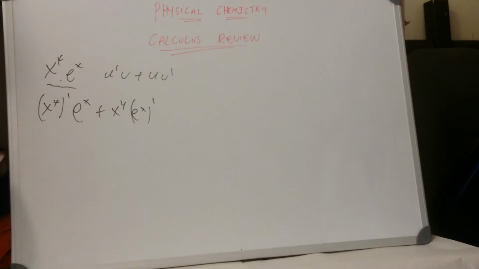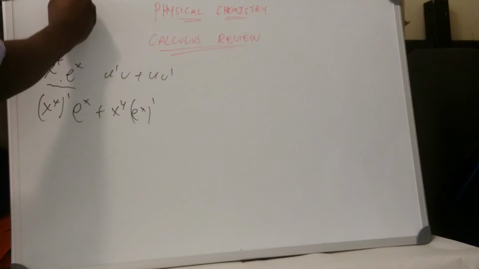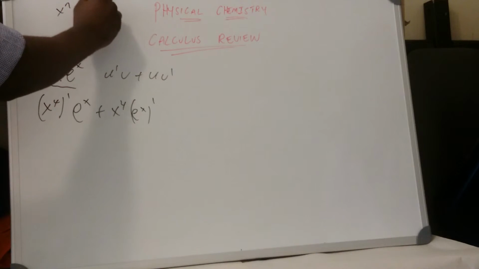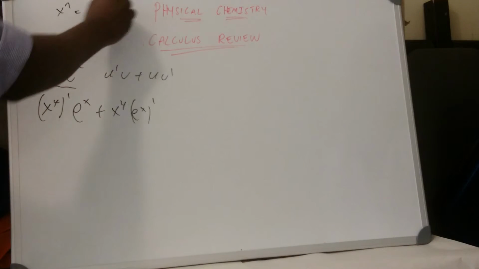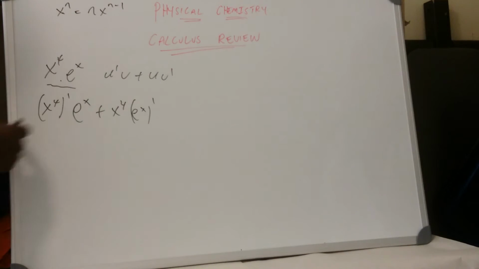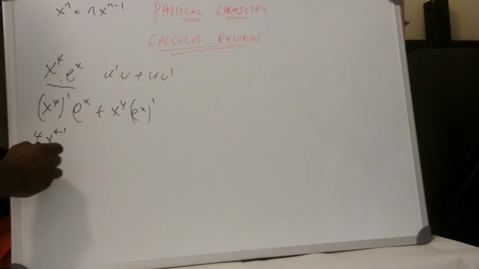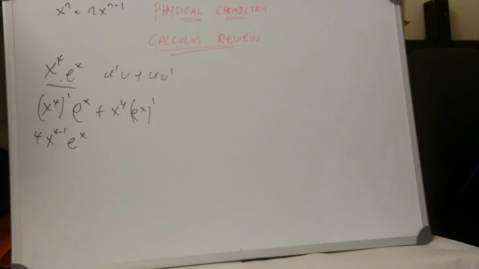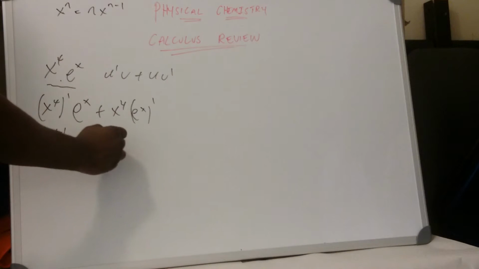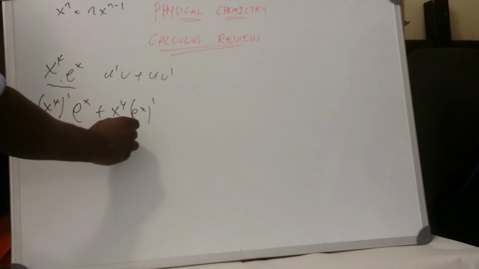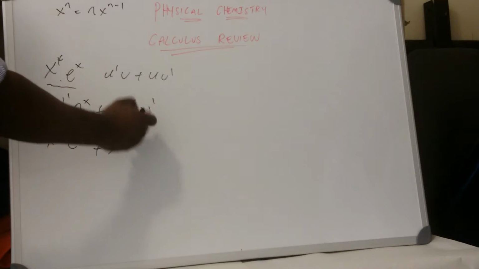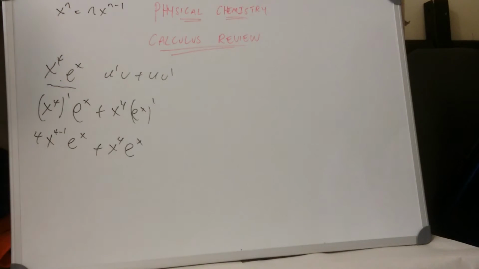Now, according to the power rule, x to the n is equal to n x to the n minus 1. So this is 4x to the 4 minus 1 e to the x, plus x to the fourth. The derivative of e to the x is e to the x.